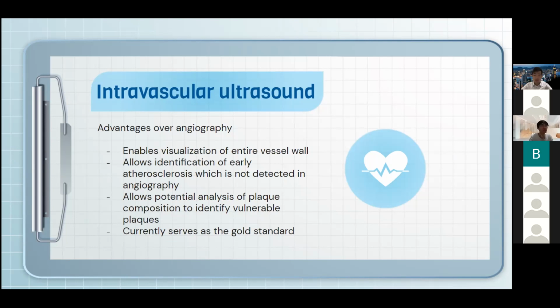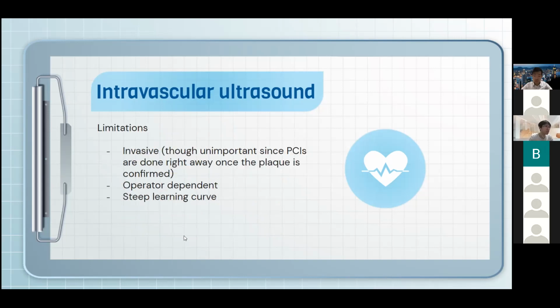So therefore, IVUS currently serves as the gold standard for percutaneous coronary interventions, in that it is able to determine exactly the sites where the arteries are having a problem, and therefore cardiologists will be able to perform interventions on those sites accordingly. But of course, there are still limitations.